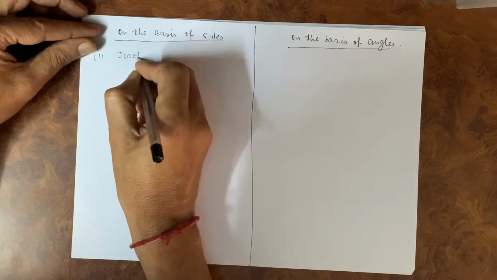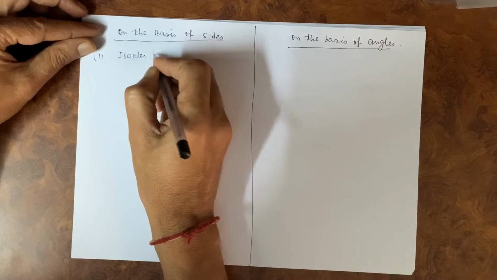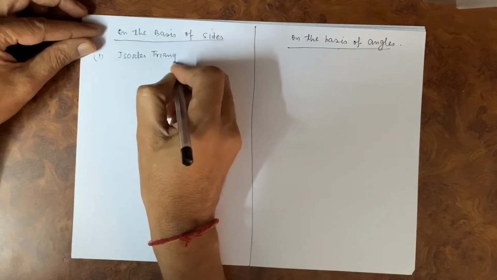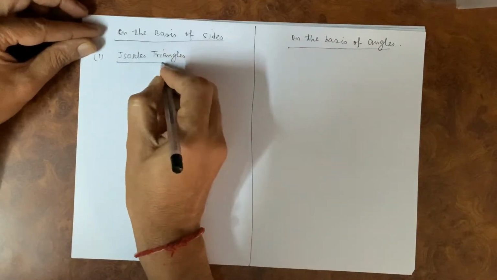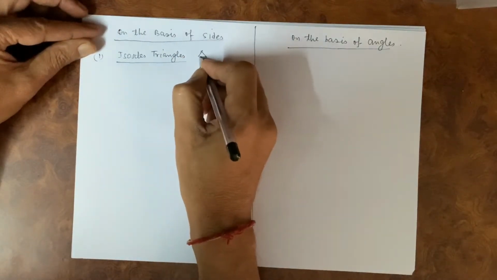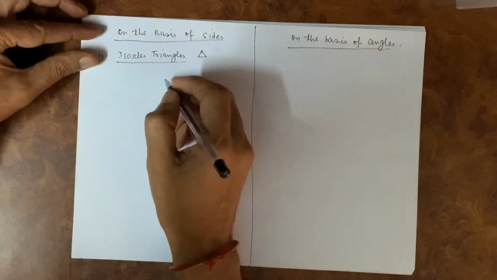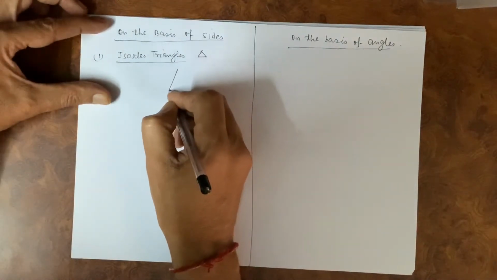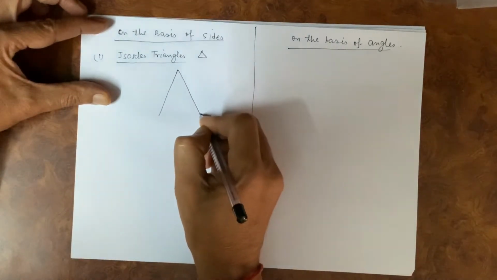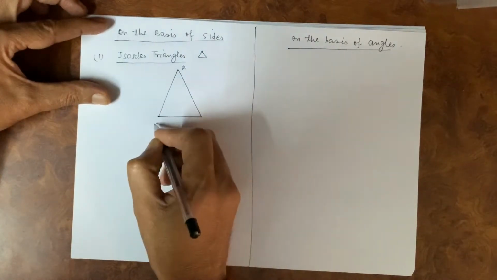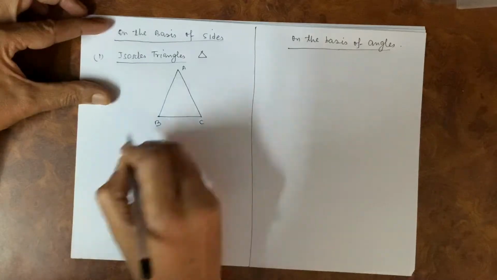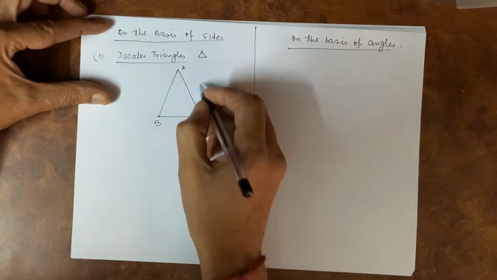Isosceles triangle. Isosceles triangles are those triangles in which two sides are equal. A, B and C. This is triangle ABC.